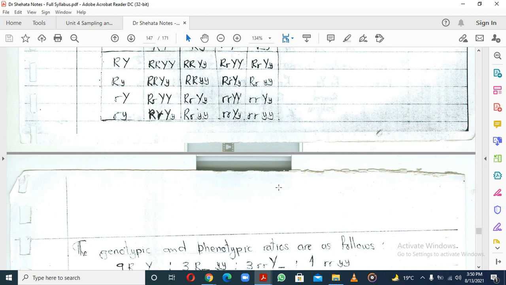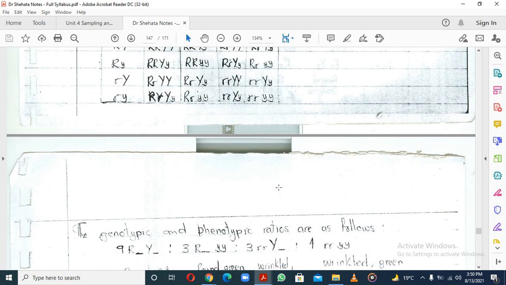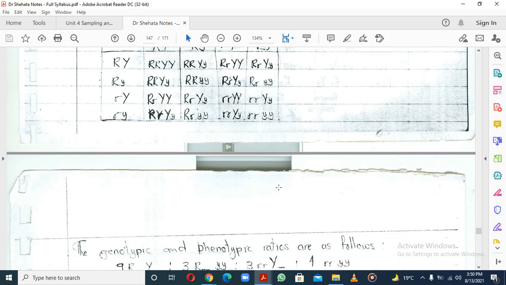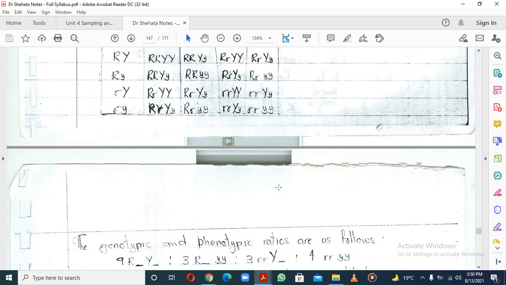So what you are basically doing here is you're going to say which ones are having, like the way it's showing there, capital R and capital Y. So that's why there they have put R dash then capital Y dash. It simply means that we are just focusing on the dominant alleles, okay?